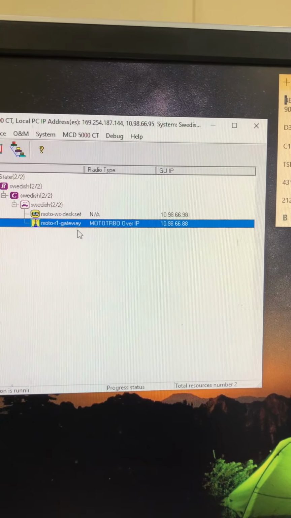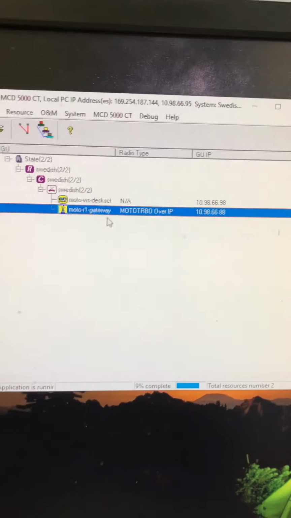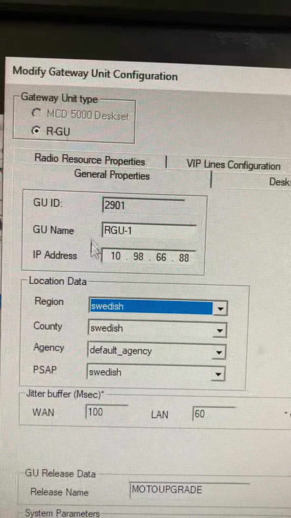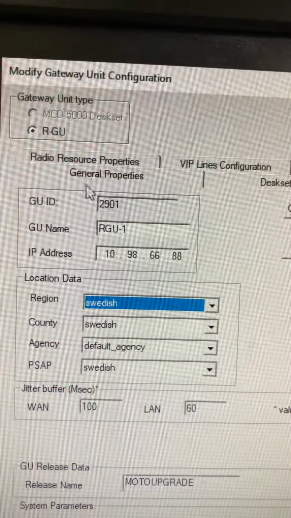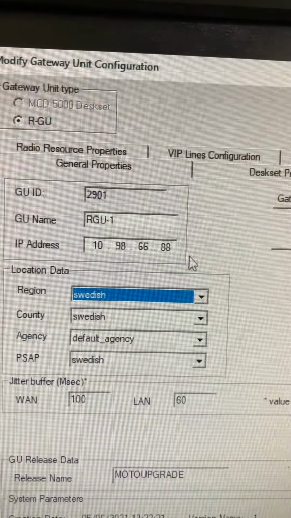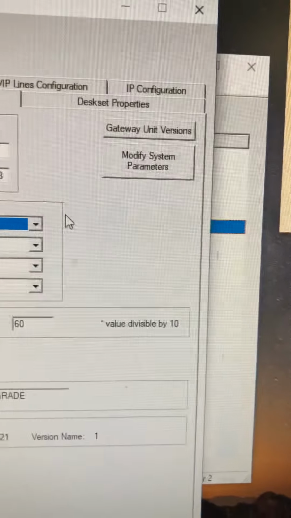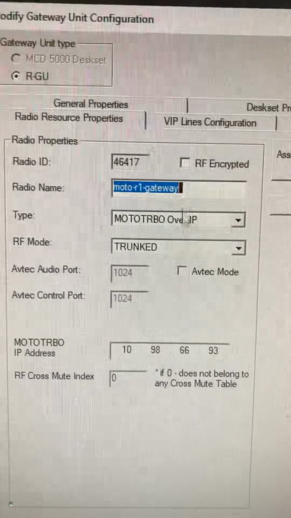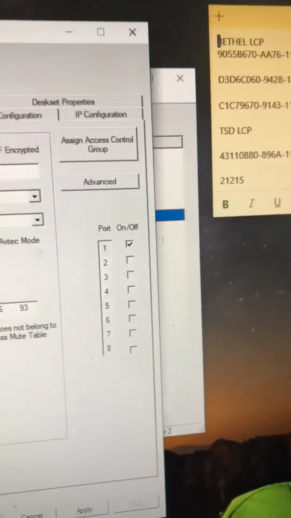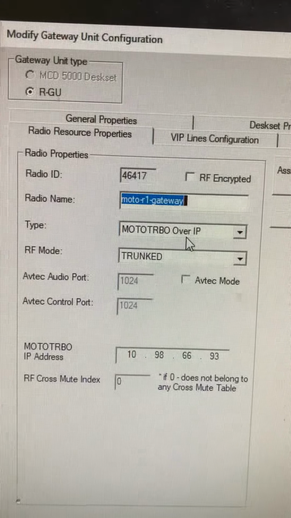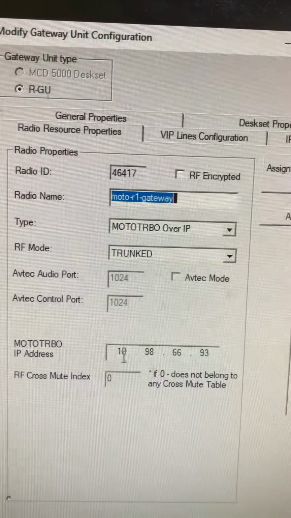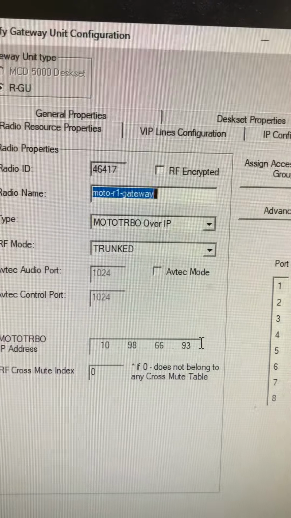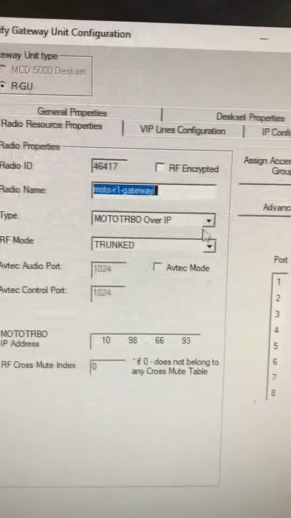So this is the RGU. It is an RGU, and this is the IP address for it. And then the radio resource properties: Moto Turbo over IP, trunked, and this is the IP address that I have in the code plug, and I'll get to the code plug in a minute.